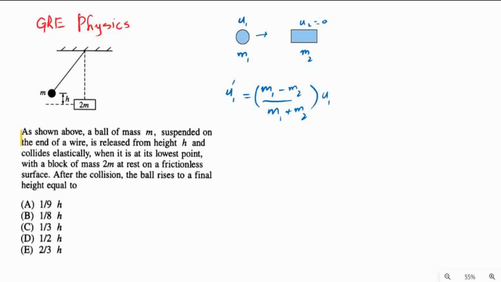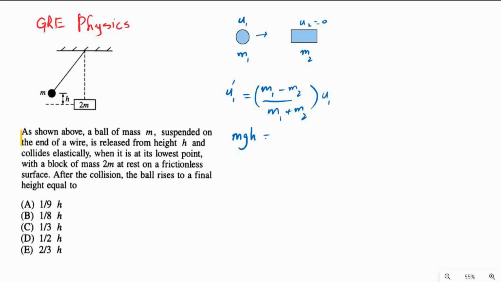Now initially the ball was at a height h, and at this point the energy of the ball was totally potential energy, which was mgh. Write down mgh, and this potential energy is converted totally into the kinetic energy at the bottom.